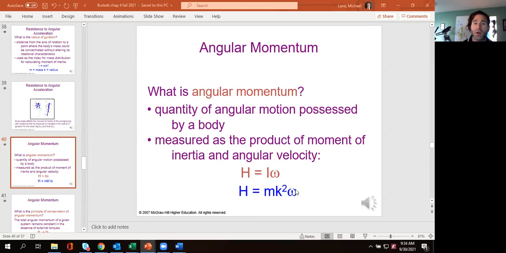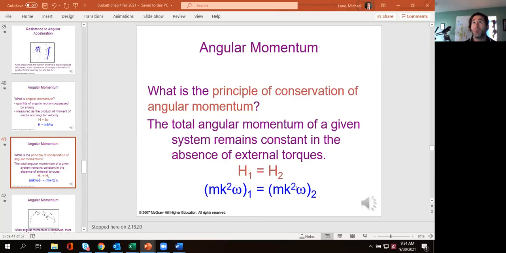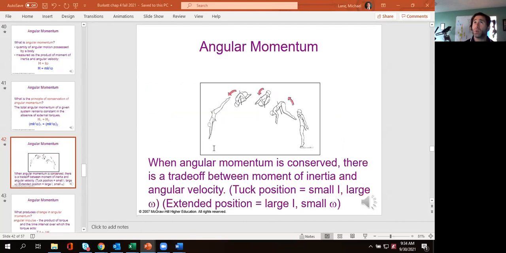Now, why we care about angular momentum is that it tends to be conserved. What this means is we tend to keep the same momentum going regardless of the external torques acting upon it. When we're looking at someone do a backflip or a spin in figure skating, they have the same amount of angular momentum.